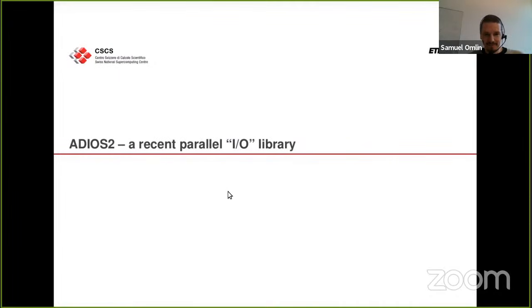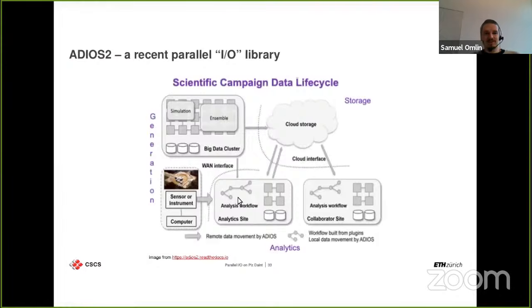So ADIOS2 is a very recent library, and it is so much more than just writing in parallel to the file system. You can see here, this is an image from their ADIOS2 documentation. This is basically Piz Daint, say. And then ADIOS even allows you to write to cloud storage directly via different interfaces, different protocols.